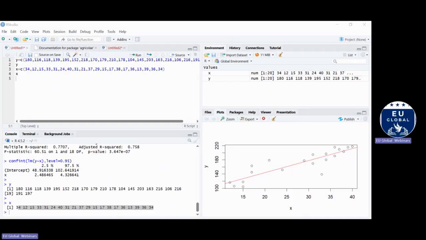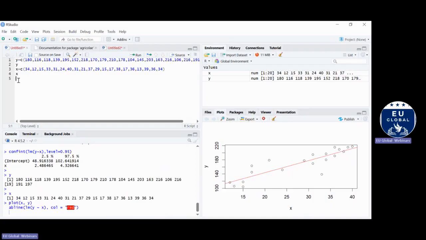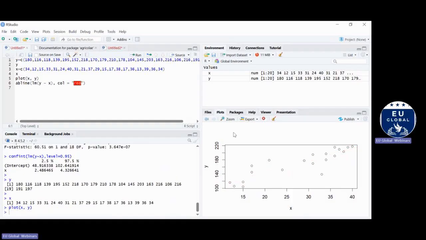After this, we are going to find out the model, right? We have to represent the model. First of all, we will plot x and y. This is how the model will look.